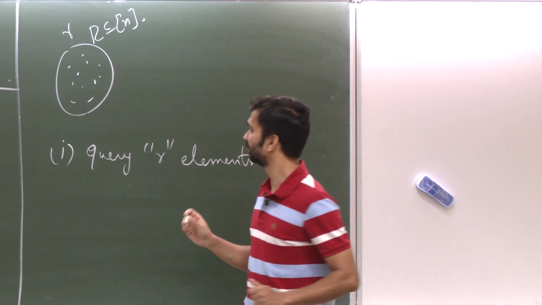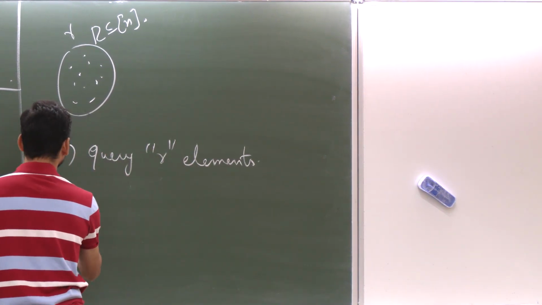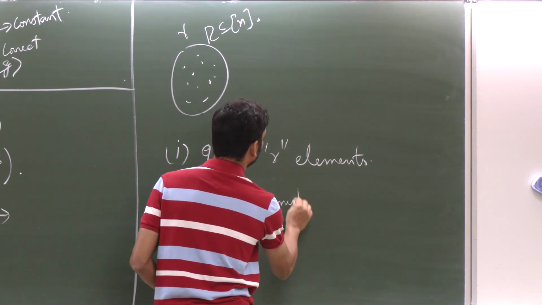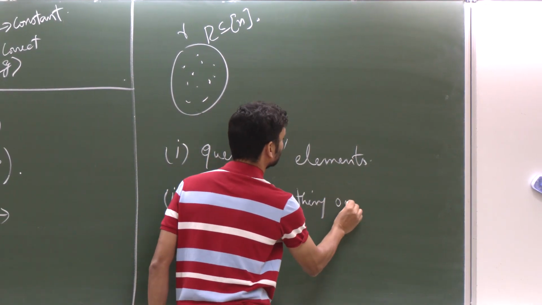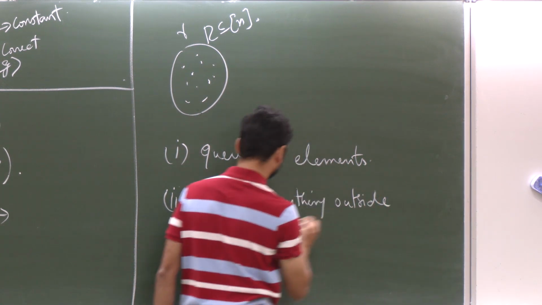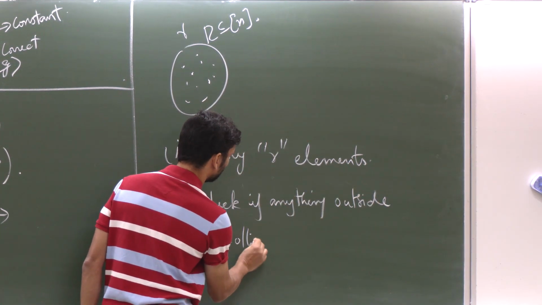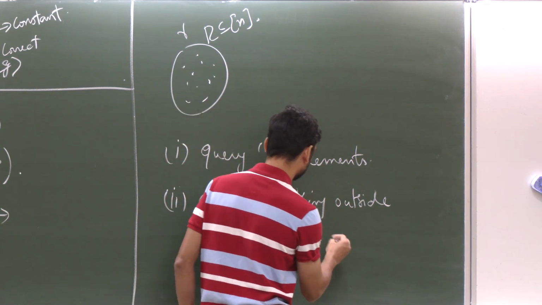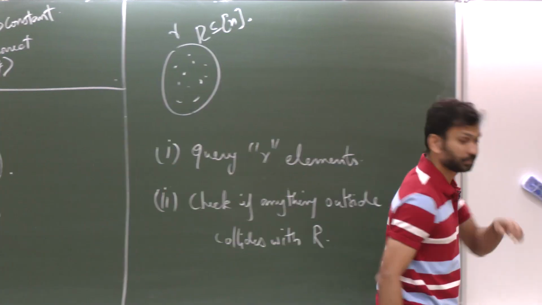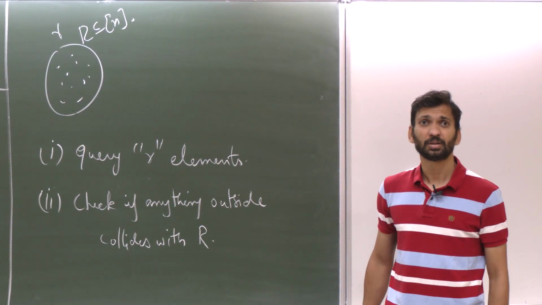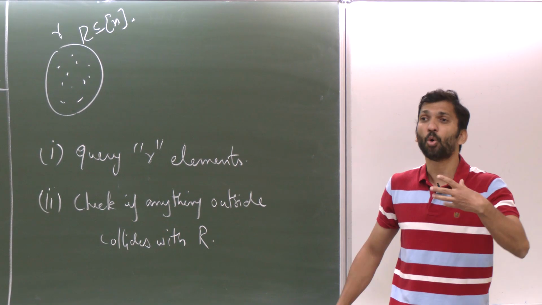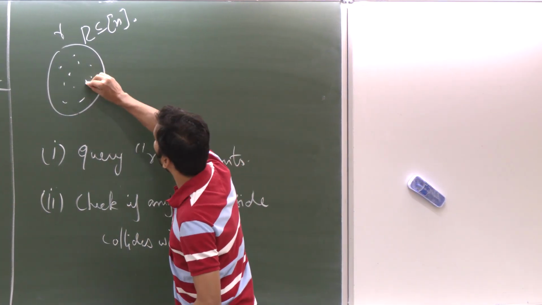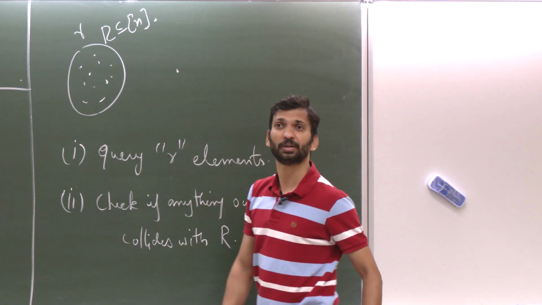Correct? Now, I am hoping that with high probability, wherever there is a collision, one of the elements is here and one of the elements is here.